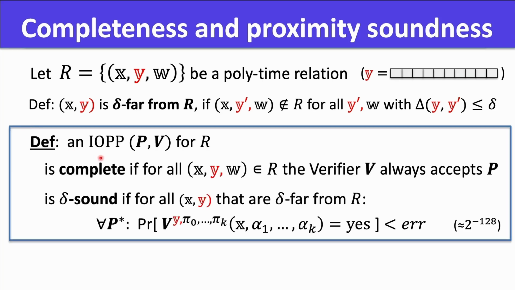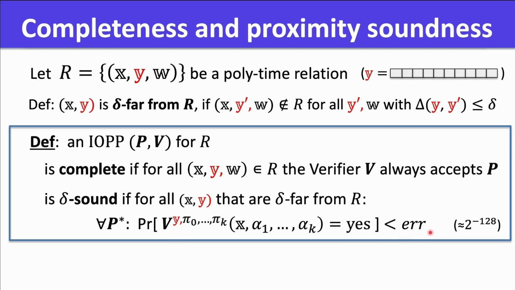And now we can define what it means for an IOPP to be complete and sound. Completeness is just as before. If the verifier interacts with an honest prover, then it will always accept the triple (x, y, w). However, soundness is defined a little bit differently. For delta in the interval 0 to 1, we'll say that the IOPP is delta sound if for all (x, y) that are delta far from the relation R, the verifier will only accept (x, y) with negligible probability.